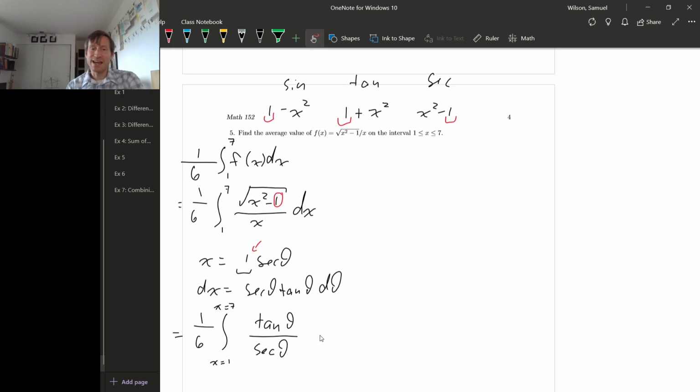Okay, and dx is secant theta tangent theta d theta. Now our secants cancel, that's nice. So 1 over 6 times the integral from 1 to 7 of, looks like we have tangent squared theta d theta.